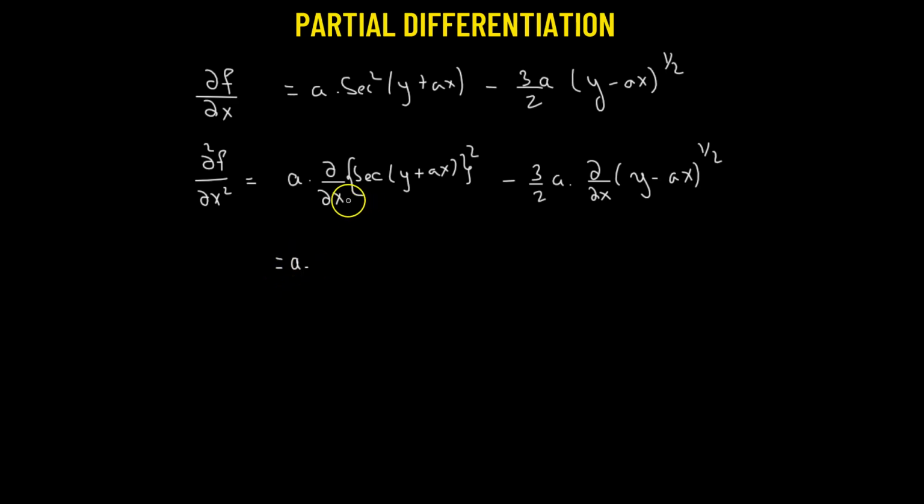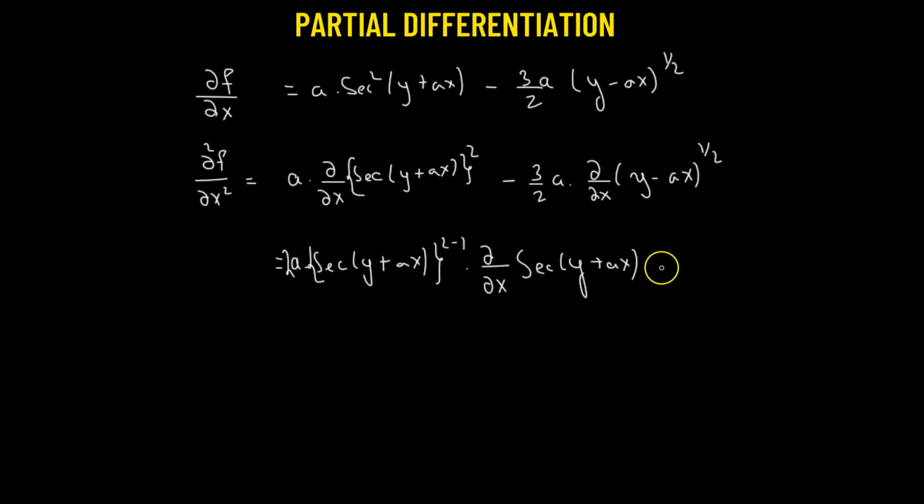That gives us a times, so we'll use the power rule to get 2 times secant of y plus ax whole raised to the power of 2 minus 1, multiplied by the partial with respect to x of the secant function, which will be secant of y plus ax, minus 3 over 2a times, now we'll use the power rule on this expression.